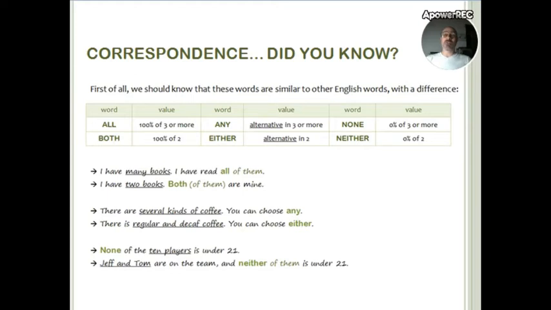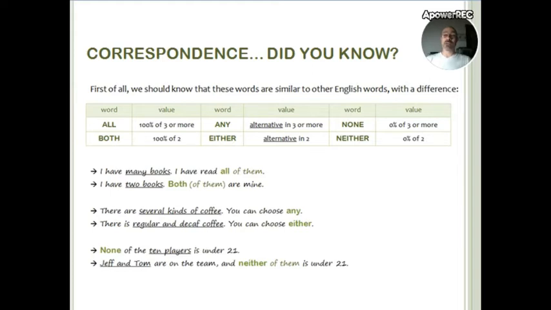So, in the same way that all means 100%, all the members, all the items in a group, both means 100% of two. That is, 10 members, all the members, 2 members, both members.